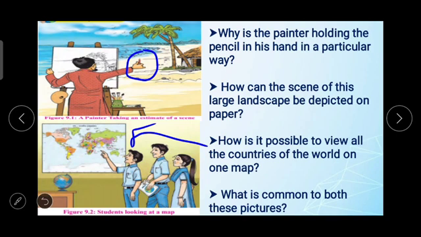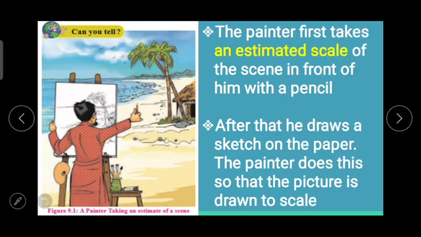So how is it possible to view all the countries of the world on one map? And the last one, what is common between both these pictures?